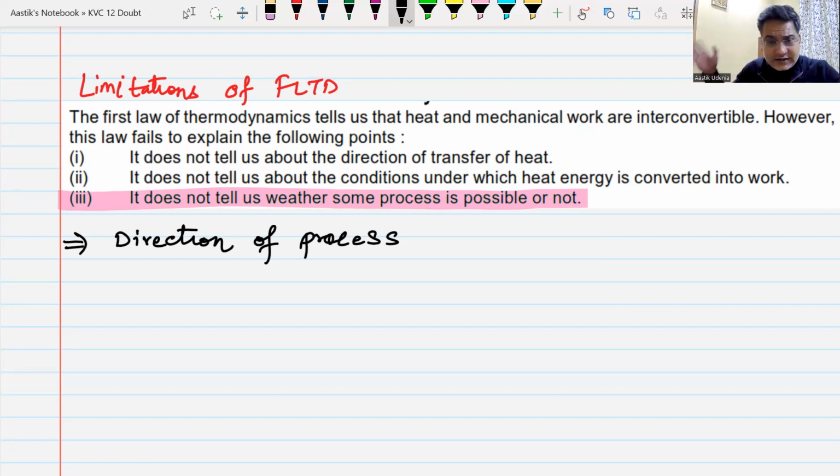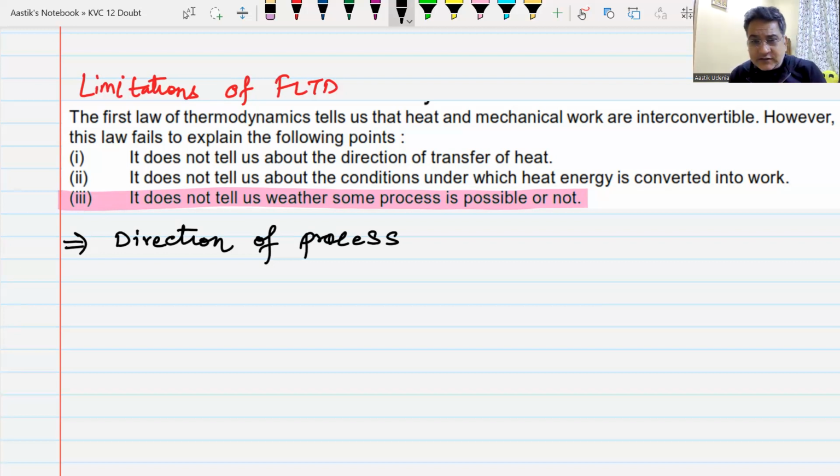So it does not tell us which process is possible and which process is not possible. It only tells us that energy will be conserved in that process. It does not tell us which process is possible. So I am speaking and I am losing energy. This process is possible.